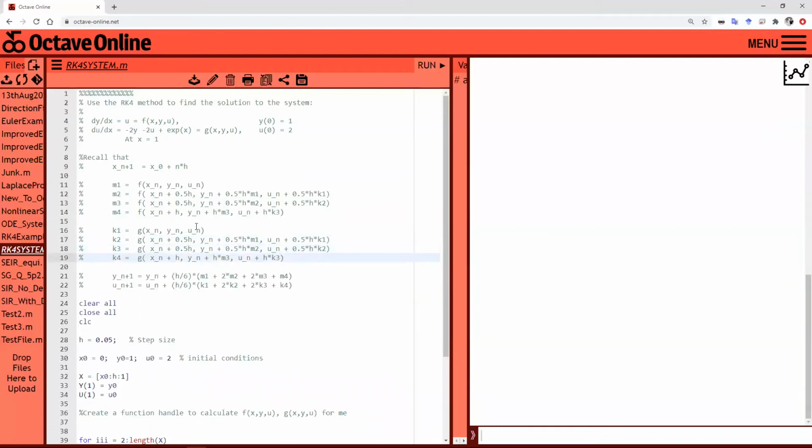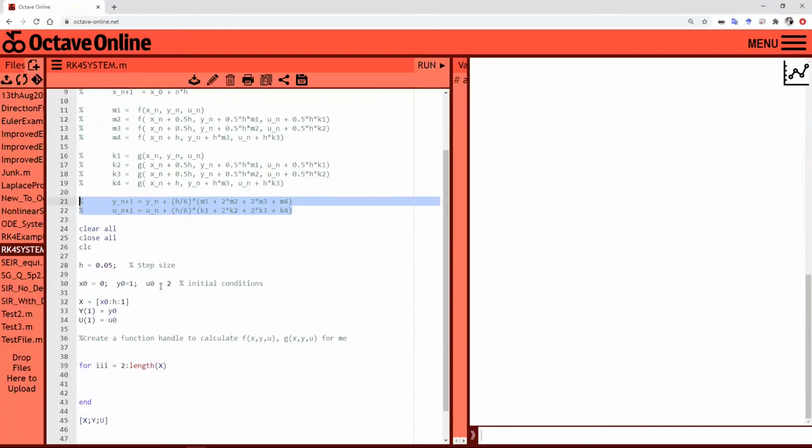Fantastic. So we have the updated predictors here, k1, k2, k3, and k4. These are associated with the second ODE with the function g. Then we have the standard update equations for RK4. What I've done here is I've chosen a step size, which you can change if you like.